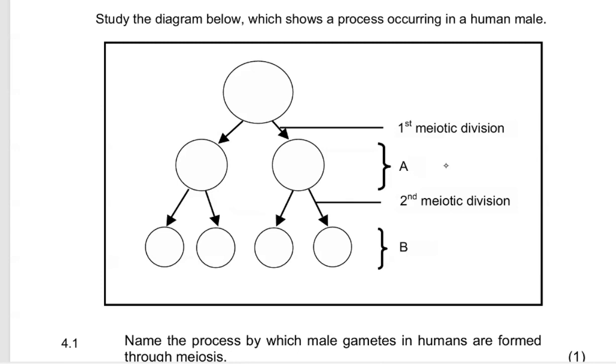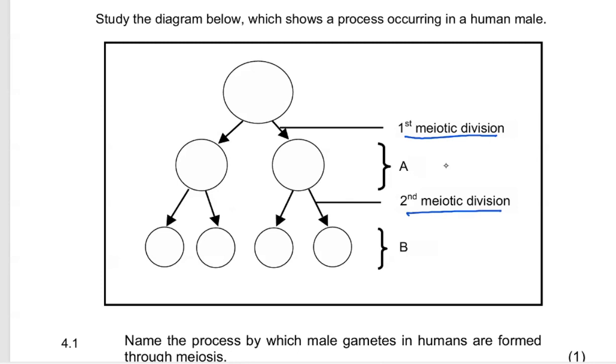Study the diagram below, which shows a process occurring in a human male. They're saying the first meiotic division, the second meiotic division. You need to understand this.